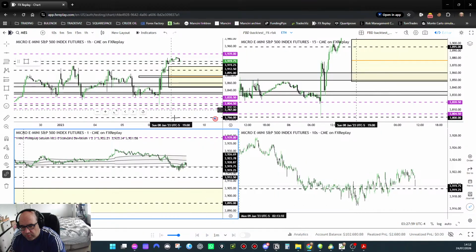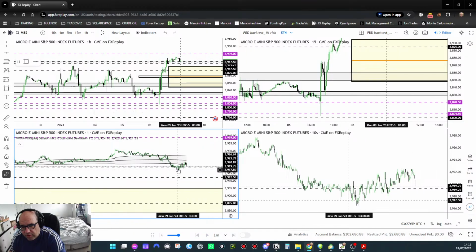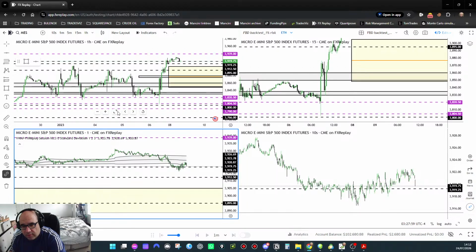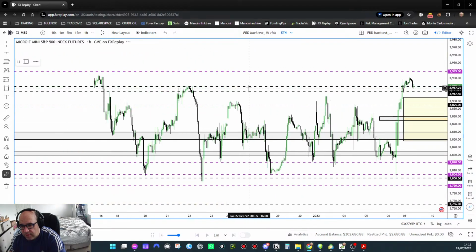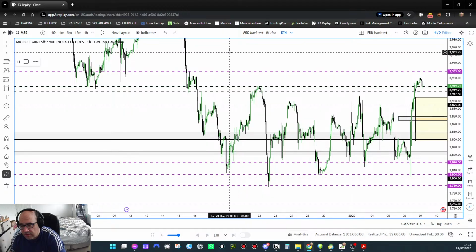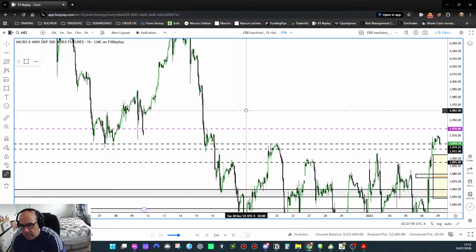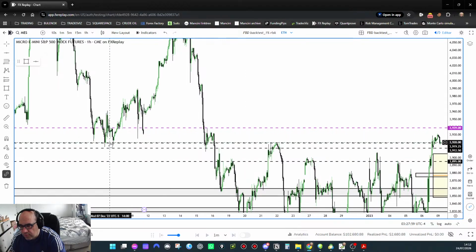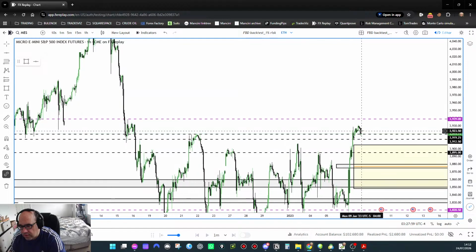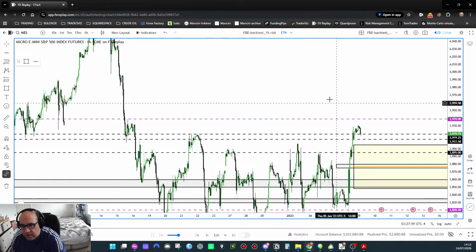Pausing for a moment. Oh, do you see that? There was a failed breakdown here. So I'm pausing for a moment to see if there's any other highs that I need to address. Is there? These are the lows from here. So price is here. So if we test the lows, we confirm a breakout, then we may test this one as high.